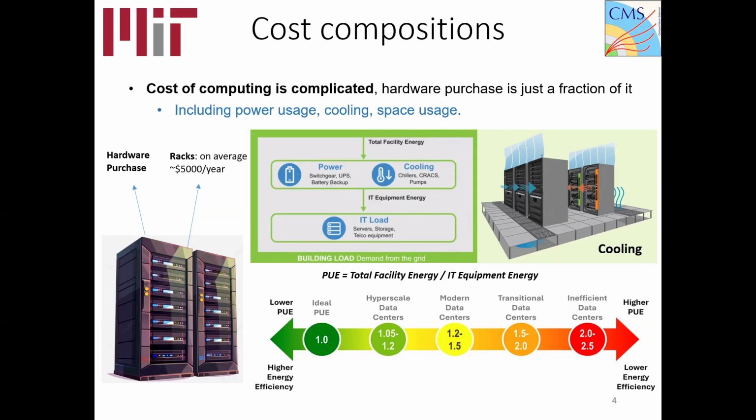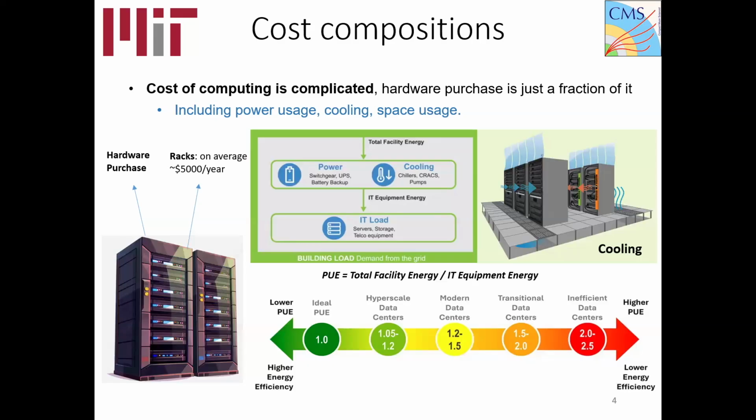And there is a major one, which comes from the power consumption. The power consumption has two parts. One is the power that is actually used by the machines themselves. The second part comes from the cooling system. It reflects how well the cooling could dissipate the heat. And usually people use PUE, the power usage effectiveness, to reflect that.